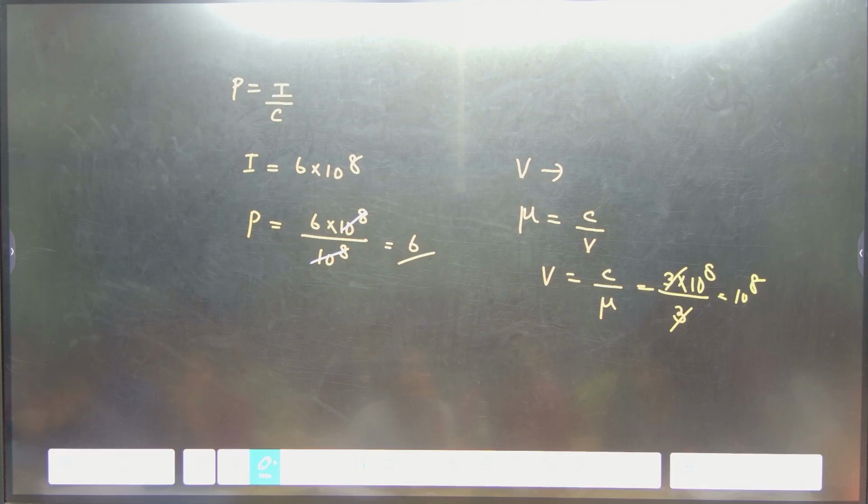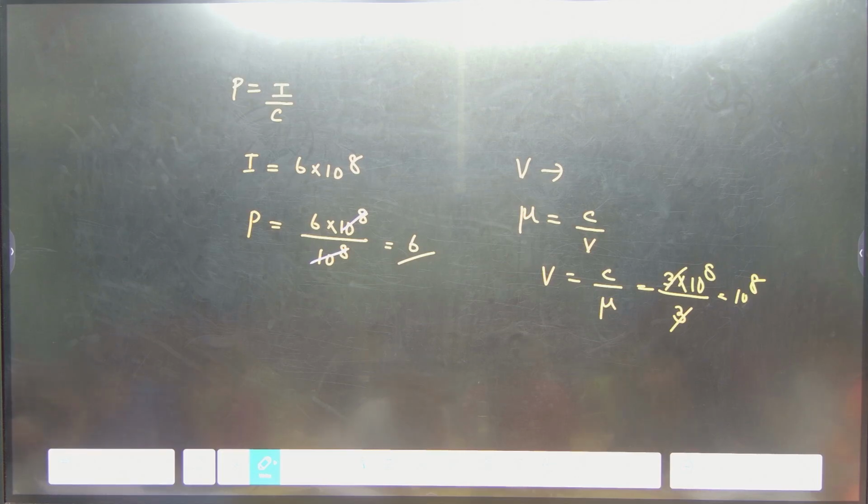Obviously you will get confused between the formula I by C and 2I by C. So go for the thing, whether it is completely absorbed or completely reflected. Radiation pressure is different for the two cases. So that's why I have given this question. In this most of you guys will go for the formula 2I by C and you have not taken the value of V also here.